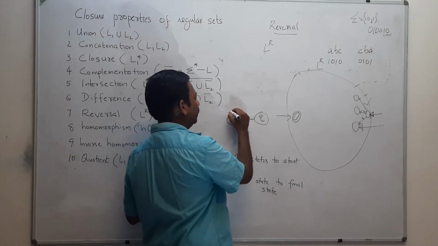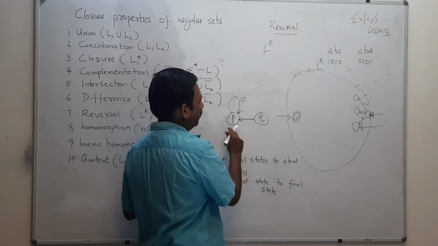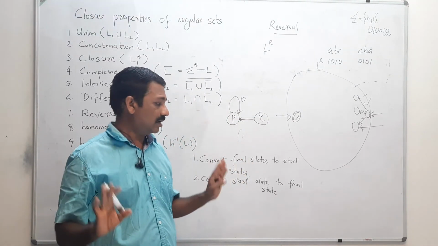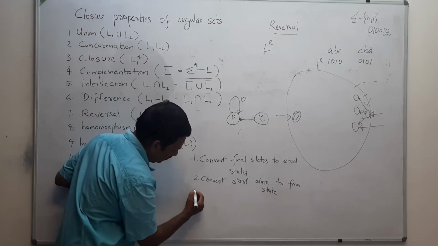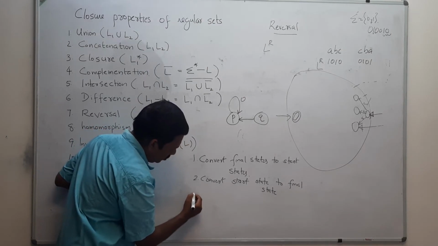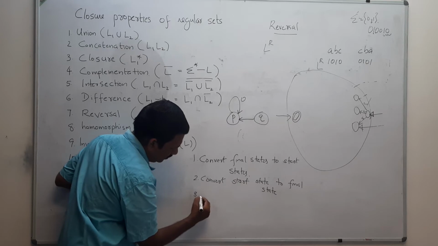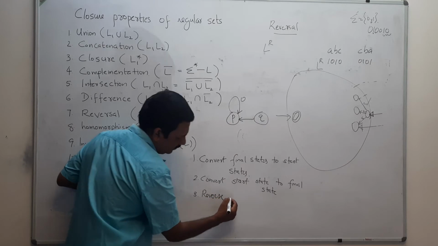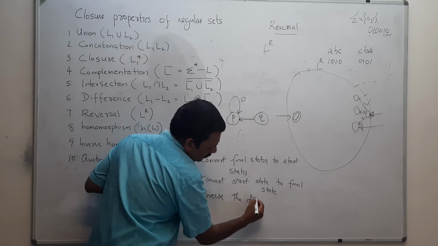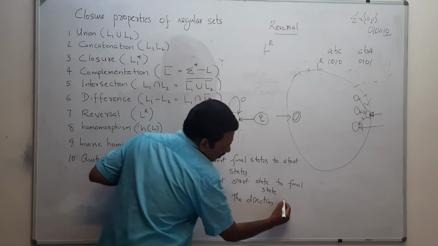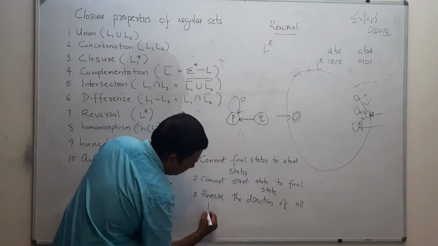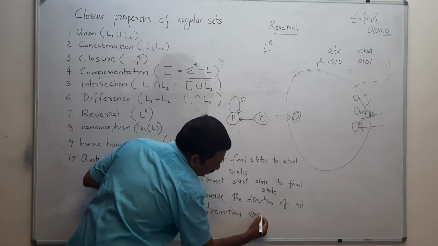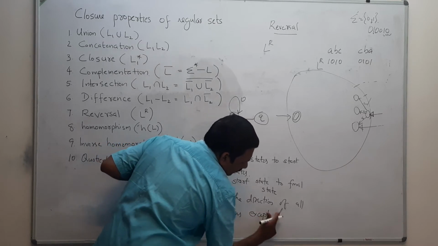So, three, reverse the direction of all transitions except self loops.